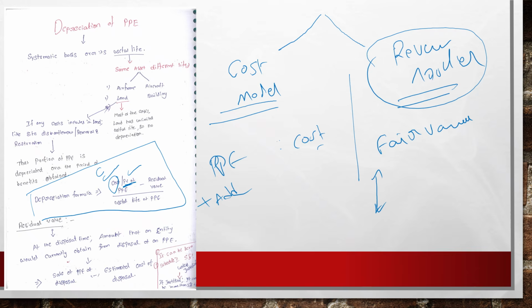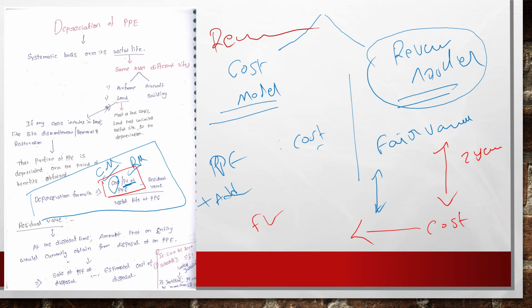If it is a revaluation model but you didn't do the revaluation till now, say there's a 2 years period for your revaluation, you can take cost in the revaluation model also because you didn't do the revaluation. But if you did the revaluation earlier, you should take fair value. That is why I have here cost or fair value.